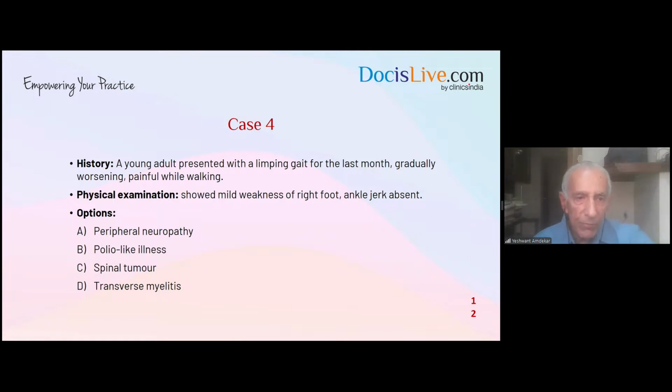In absence of this, of course, this is not a peripheral neuropathy. There is no tingling numbness. This is not a polio-like illness because in polio-like illness, it's motor system but not sensory system.